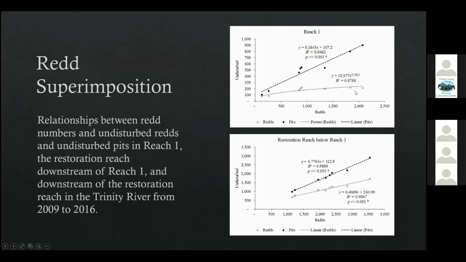And that said, this is the carrying capacity where redds are disturbed, not where pits are disturbed yet. But if the carrying capacity of redds is around 220 undisturbed redds, I'd expect the carrying capacity of undisturbed pits to be about 4 times that, since the redd areas are about 4 times the size of the redd pits.